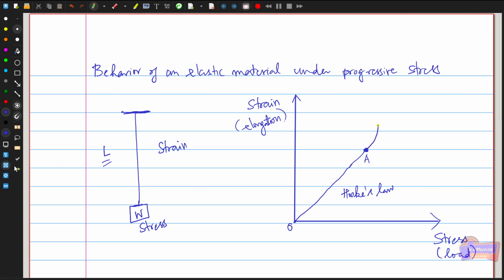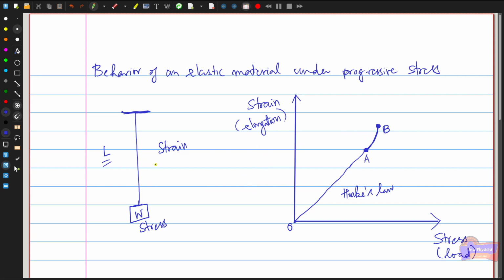There is a quick elongation in the wire. Let's call this point B. When you unload the stress after applying this much stress, up to point B, the wire is no longer elastic, and a permanent elongation is produced in the material.